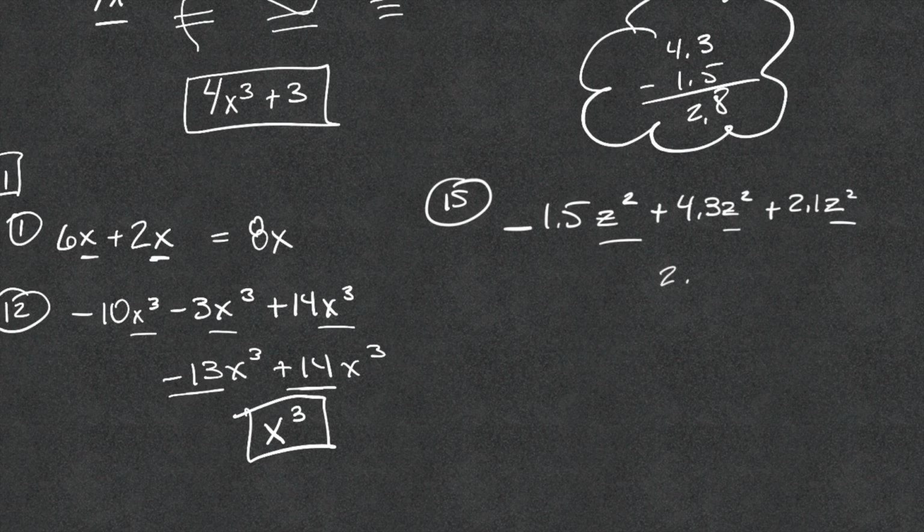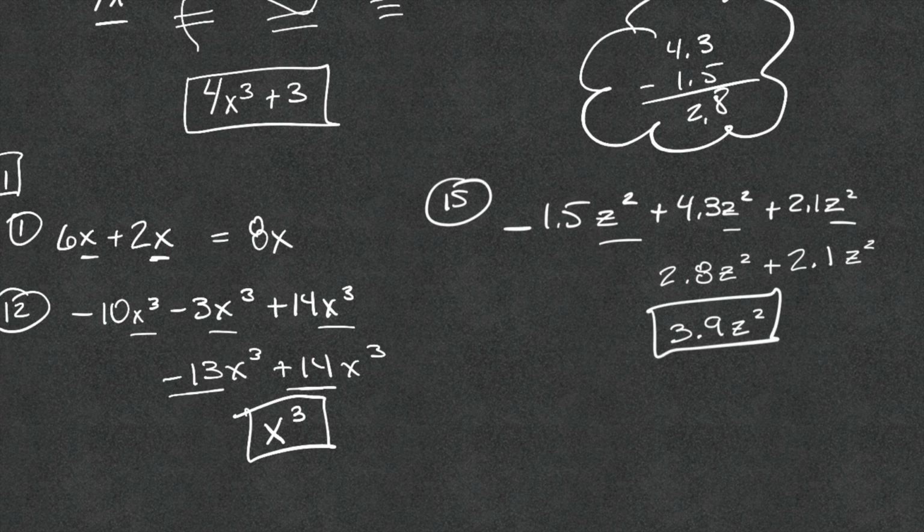Now we're taking that 2.8 z to the second, and we're adding the last value, 2.1. So that leaves us with 3.9 z to the second as our final answer. It is simplified.